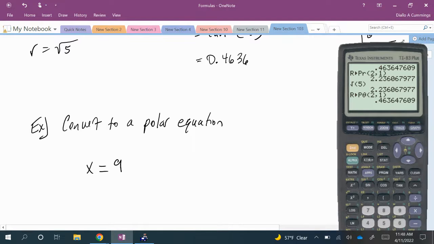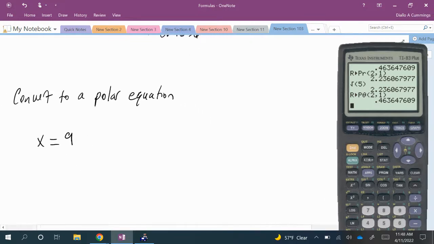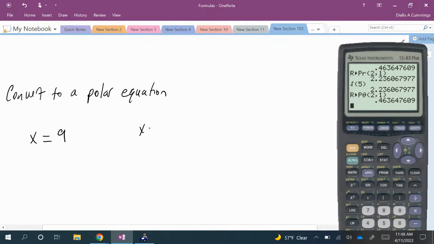Remember that we do have some formulas: x is equal to r times cosine theta, y is equal to r times the sine of theta.